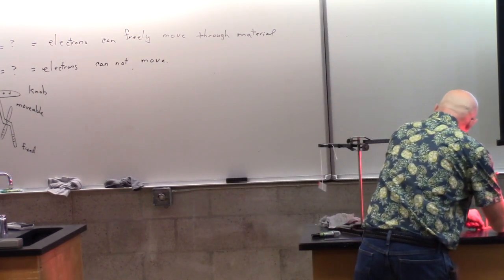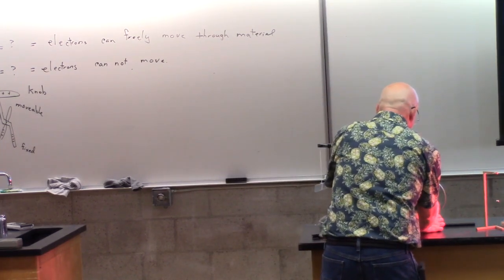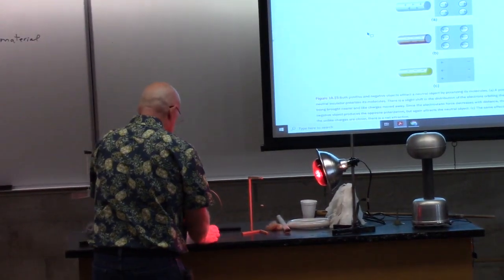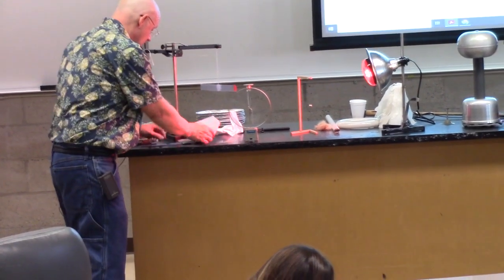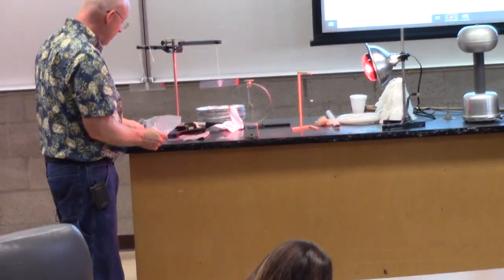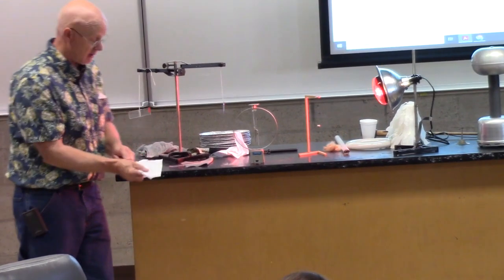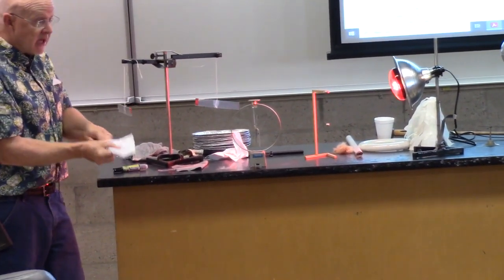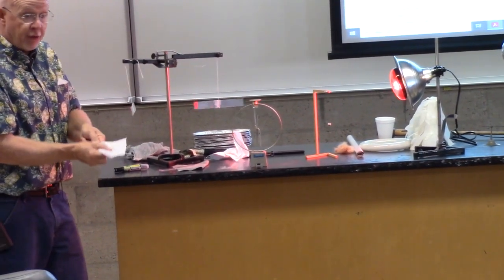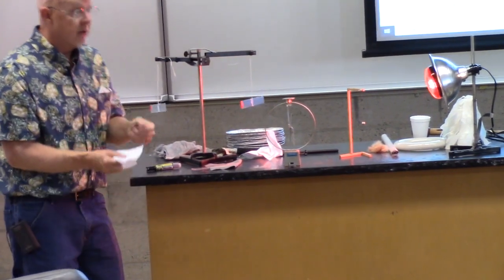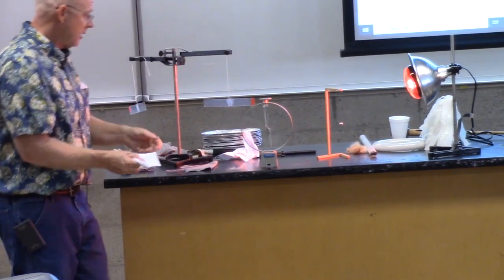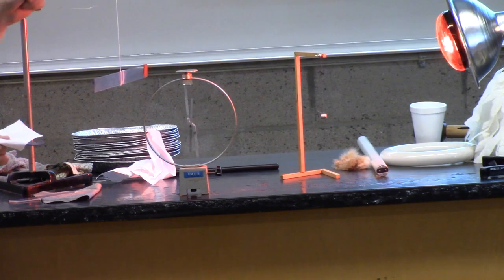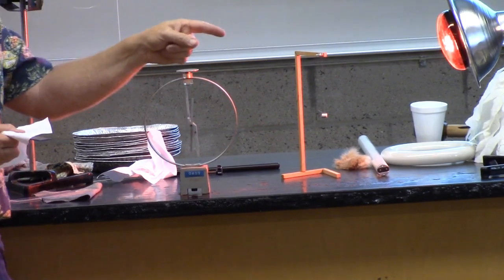Because induction requires a third object. Not that we're going to necessarily pay much attention to the third object. But in this case, the third object will be me. So I will have the negative object, so here's the vinyl, and the electroscope, and the third object is me.